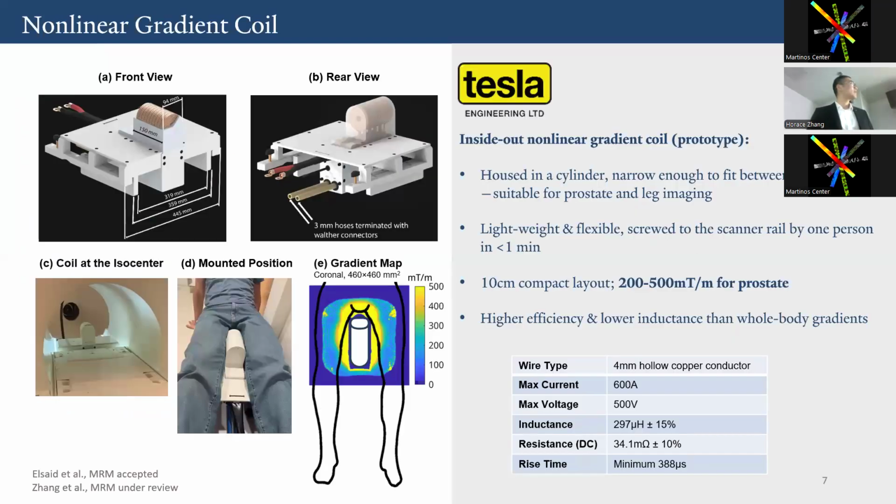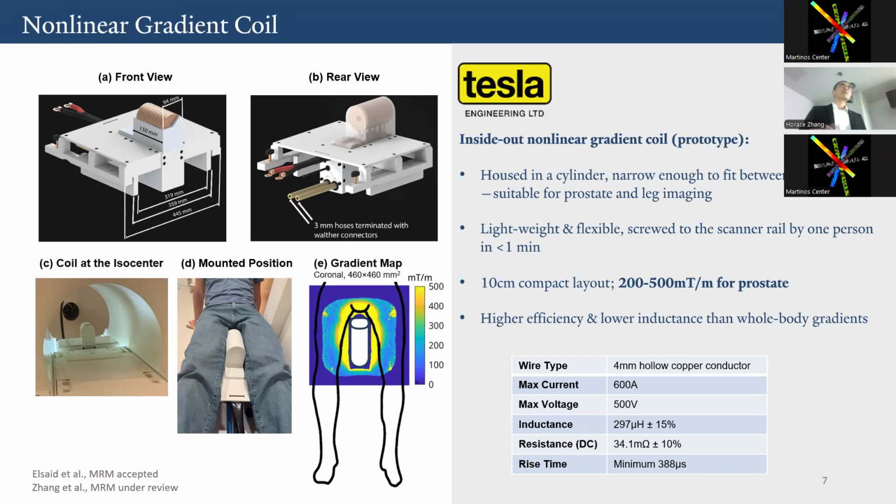So this is the prototype of the inside-out nonlinear gradient coil that was designed in our lab and manufactured by Tesla, the company based in Storrington, England. So it is housed in a cylinder that is narrow enough to fit between the legs, and it features lightweight, flexibility, compact layout, and generates a locally strong gradient of 200 to 500 millitesla per meter for typical prostate locations.